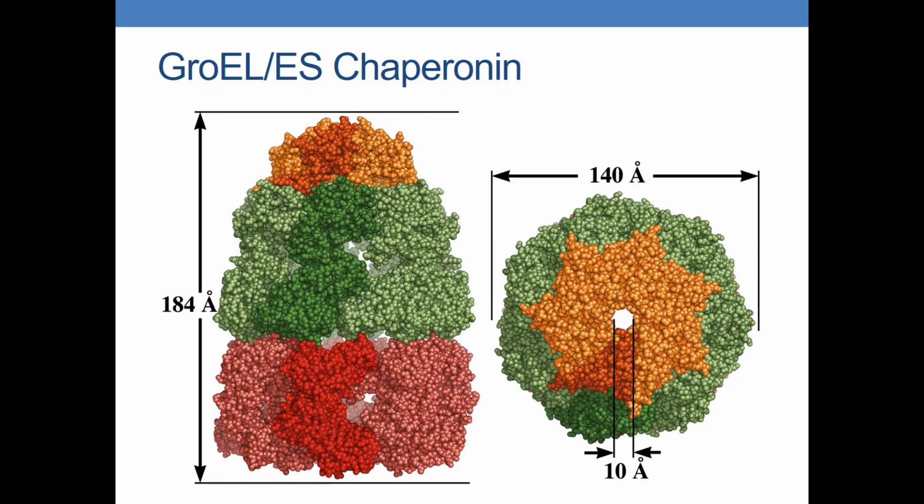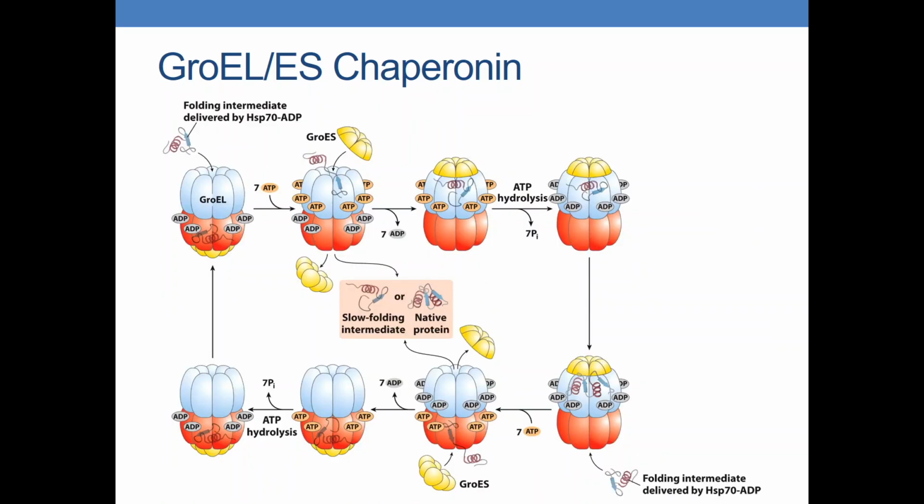Now let's talk about how this goes. Here we have the mechanism that describes the function of the GroEL-GroES complex. This is basically the series of molecular events that are involved in each cycle of protein remodeling. Okay, so let's start from the beginning. So top left corner here, you have, remember, a 2-ringed GroEL complex.